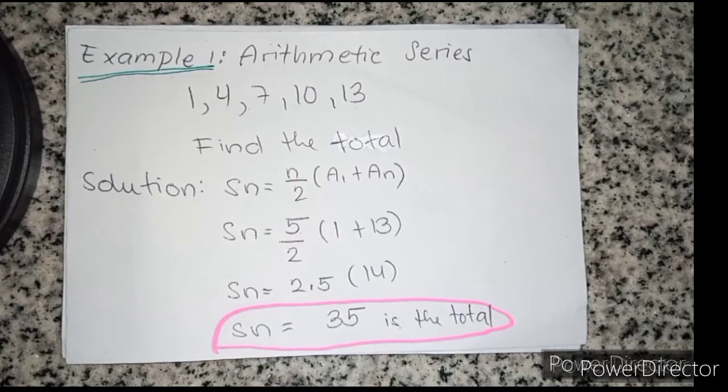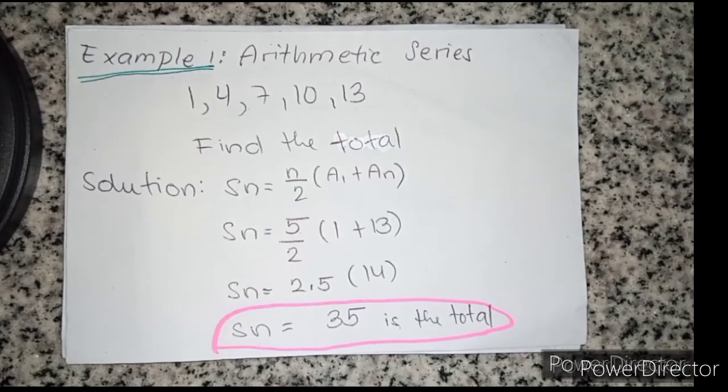So we have 5 over 2 times 1 plus 13. Let's simplify. 1 plus 13 is equal to 14. Then 5 over 2, or 5 divided by 2, is 2.5. Then let's multiply. 2.5 times 14 is equal to 35.